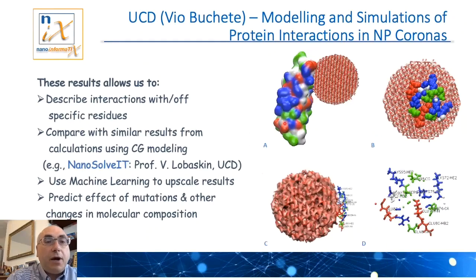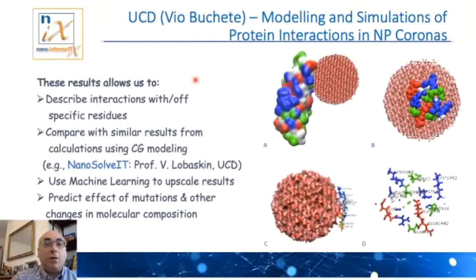So to sum up, I showed you how, using this approach, using molecular dynamics, refinement of protein structures, and generation of docking candidates, in conjunction with docking programs that allow us to look for realistic poses of proteins on nanoparticle surfaces and score and rank them according to the scores that come out of the docking function, we can describe these interactions.